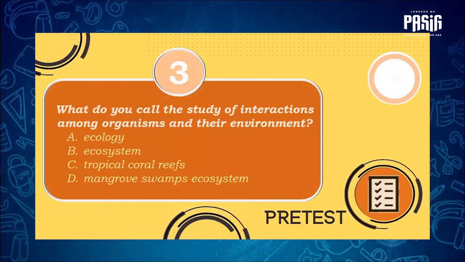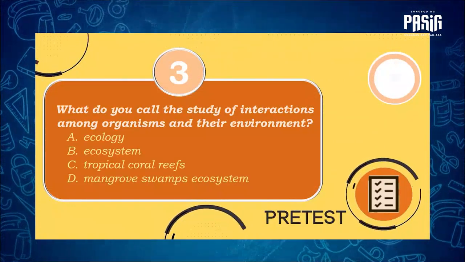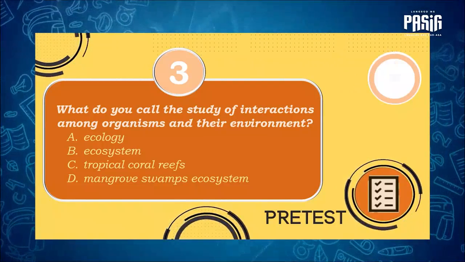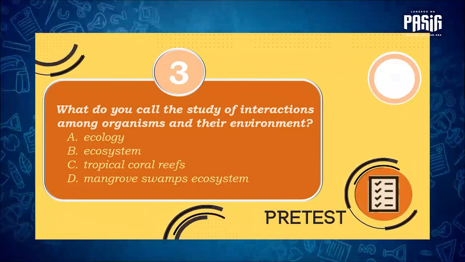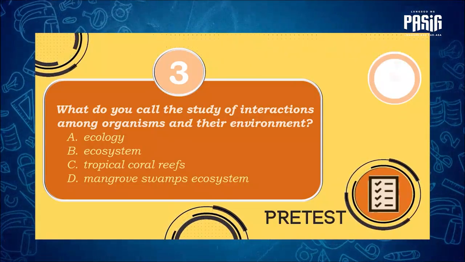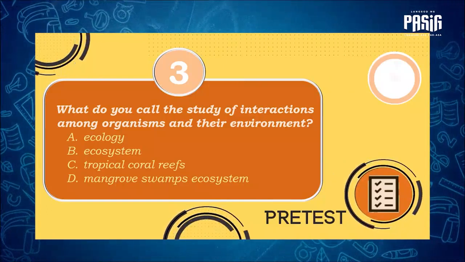What do you call the study of interactions among organisms and their environment? A. Ecology. B. Ecosystem. C. Tropical coral reefs. Letter D. Mangrove swamps ecosystem.